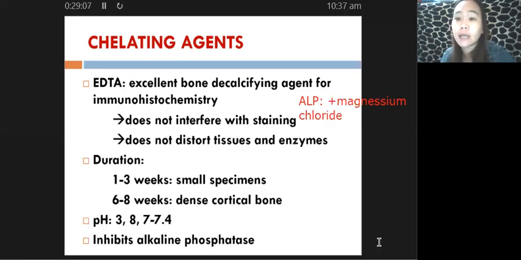And the reagent that we use to adjust the pH of your EDTA tetrasodium is concentrated acetic acid. Okay, so pH adjusted to 7.4 using concentrated acetic acid.